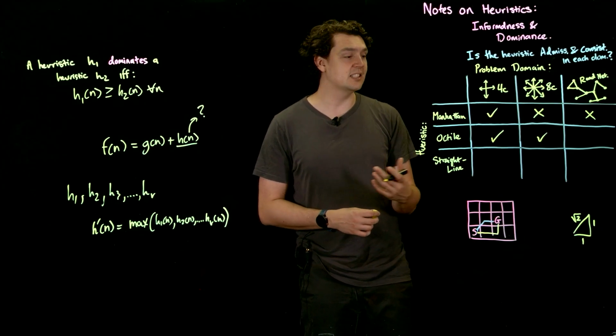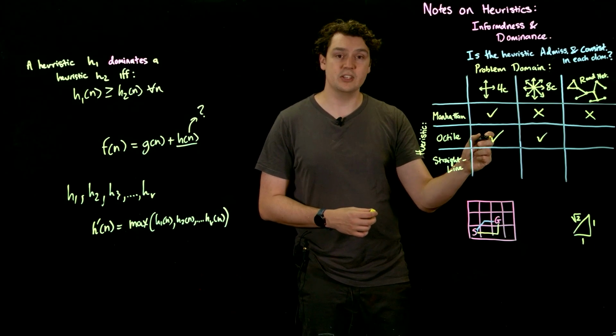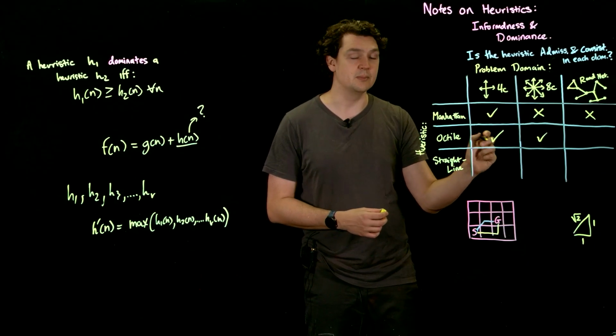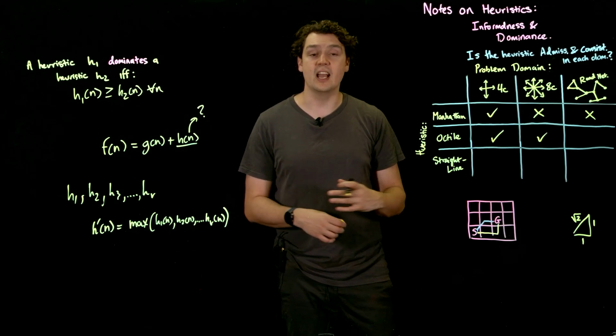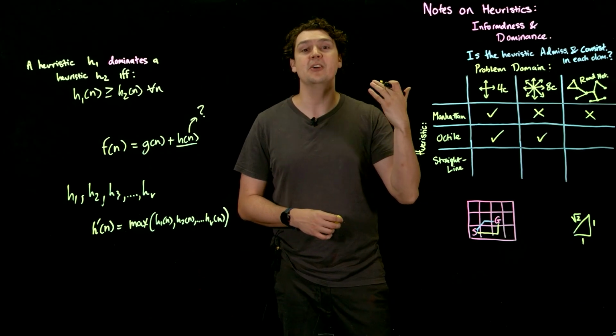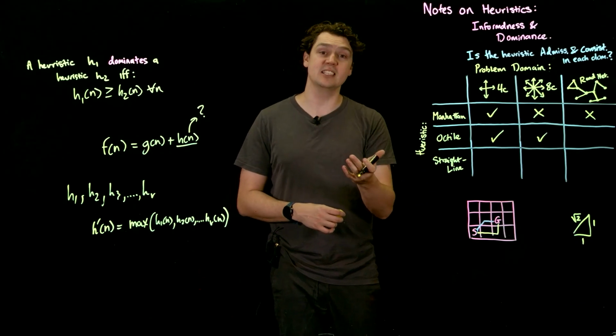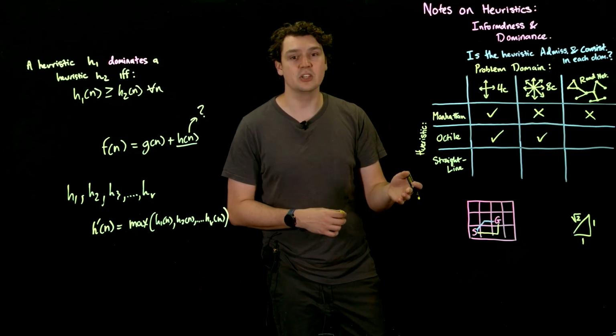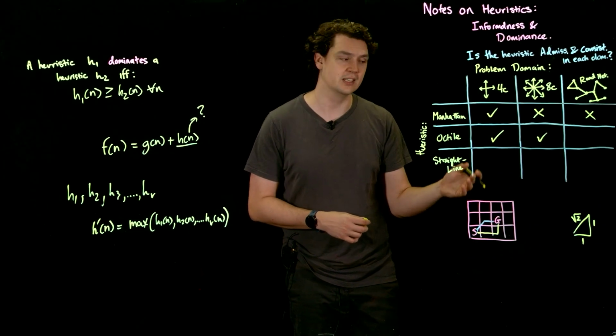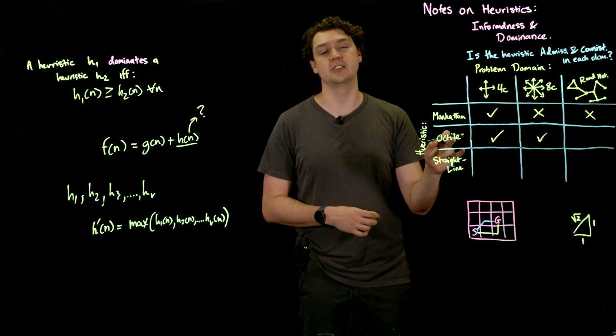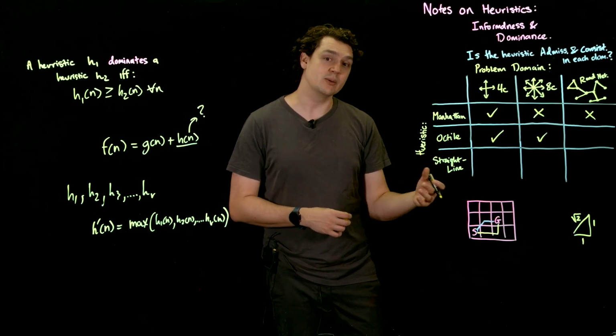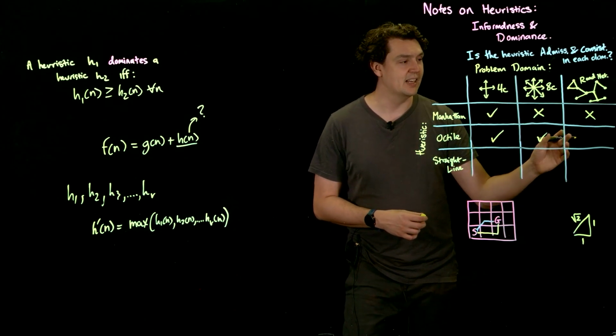Well, it doesn't matter. As long as we have a heuristic that's admissible and consistent, meeting these properties, we're happy. The A-star algorithm is complete, and it will always return the optimal solution, even using the octile distance heuristic. So that is an extremely powerful guarantee.